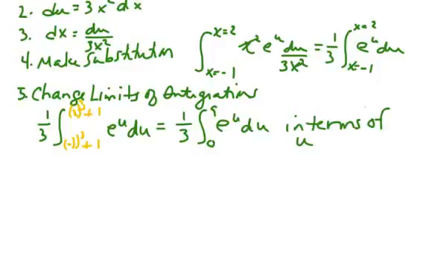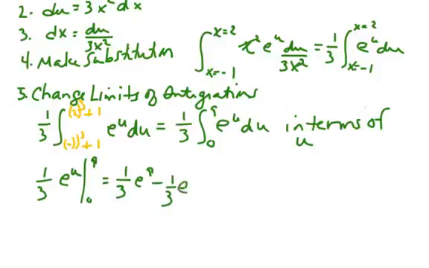Now you can take the antiderivative of e to the u, and hopefully you remember that the antiderivative of e to the u is just e to the u. And now we're evaluating it at the upper and lower limits of 0 and 9. So this is 1/3 e to the 9th minus 1/3 e to the 0.